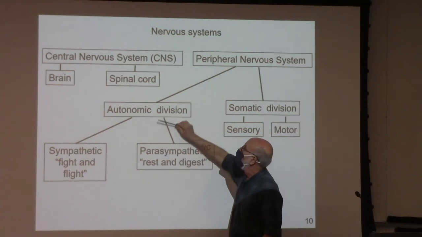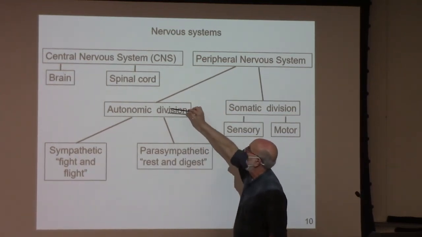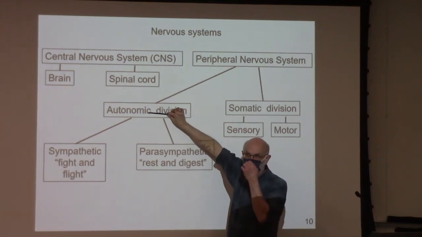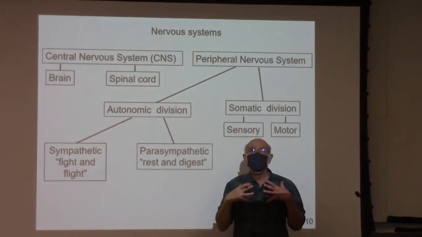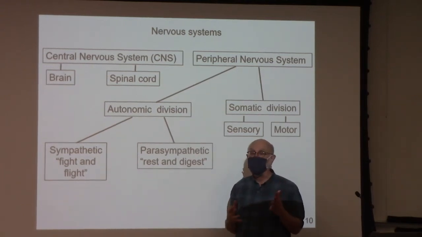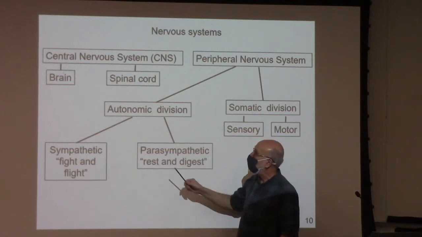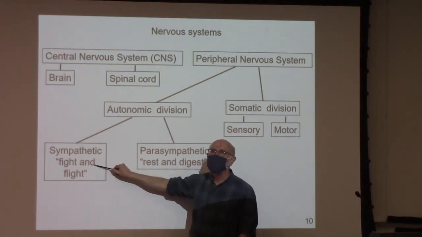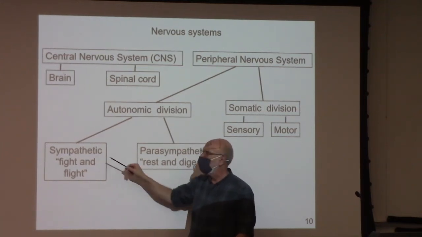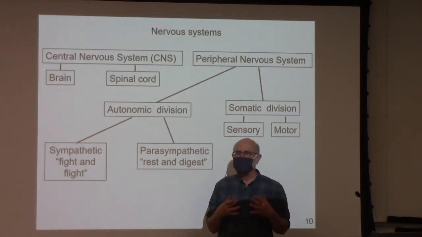This is where we are. We're in a branch of the peripheral nervous system called the autonomic nervous system. This is something you don't think about. It happens automatically. It's incredibly important, but it happens in your background because it controls your heart rate, your breathing rate, your temperature. So it's internal homeostasis.